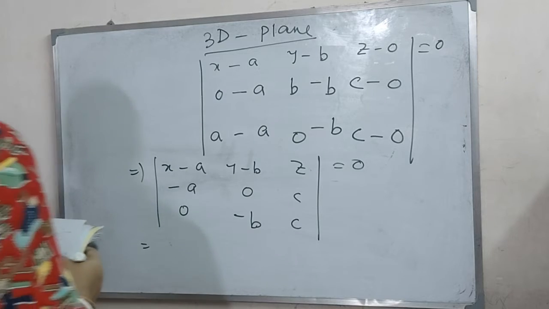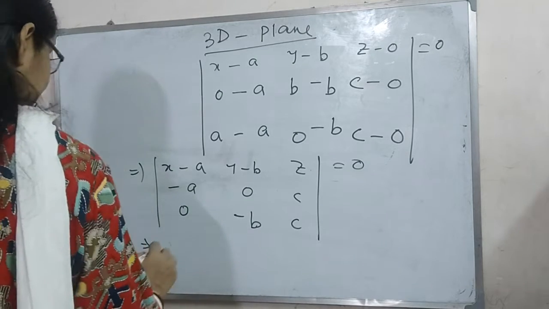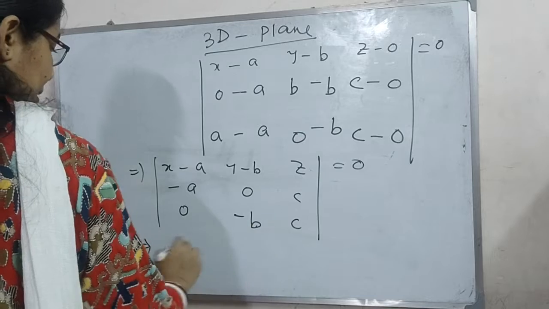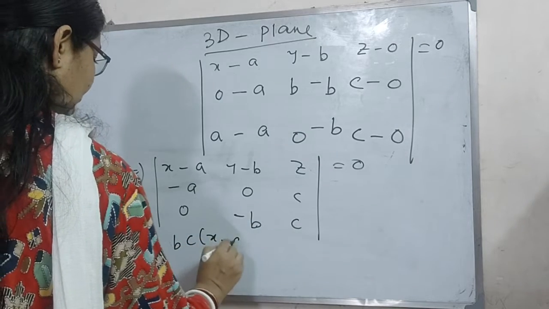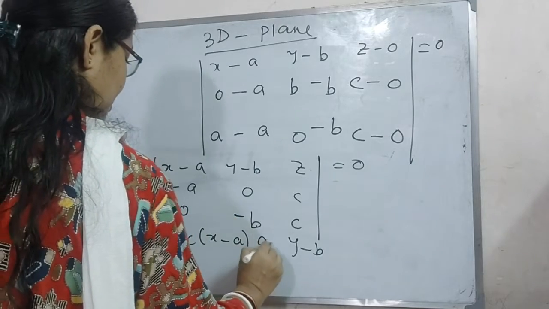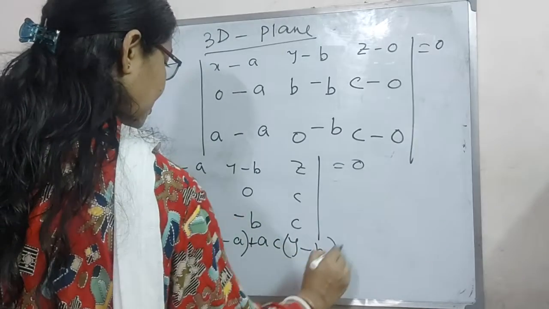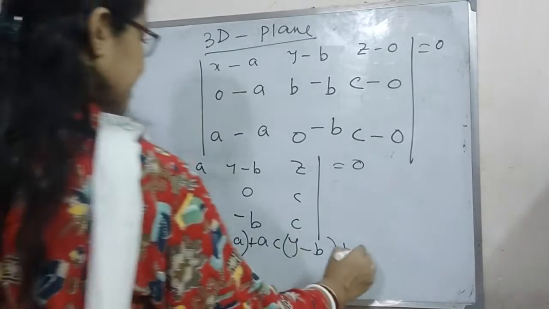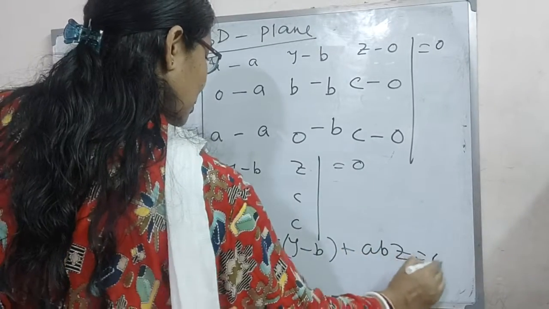Expanding by the first column, we can write it as bc(x minus a) minus... plus ac(y minus b) plus abz, equal to 0.